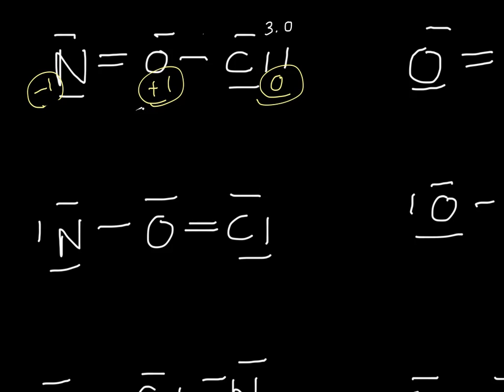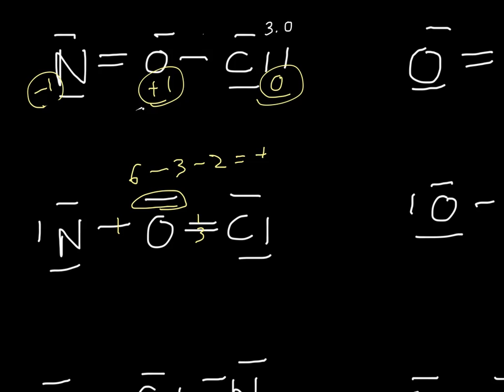But let's keep going and figure out the formal charges for the atoms in this structure. Let's go with oxygen again here. Oxygen has 6 valence electrons. It's participating in 1, 2, 3 bonds. It has 2 lone electrons. A dash is a pair of electrons.